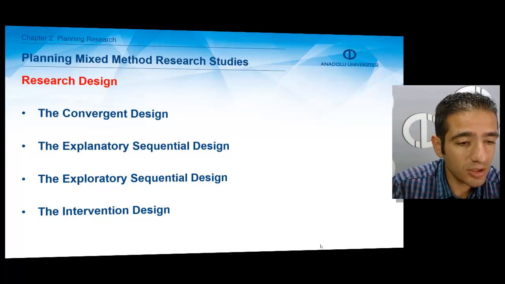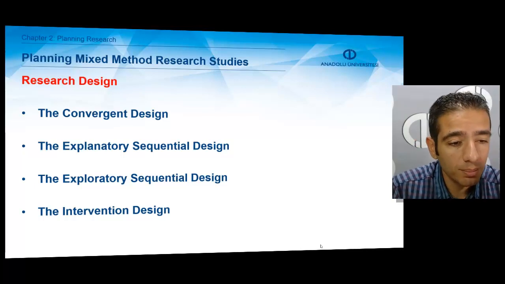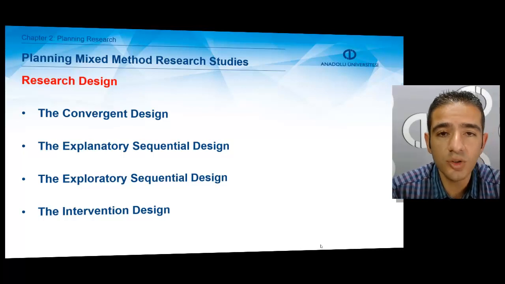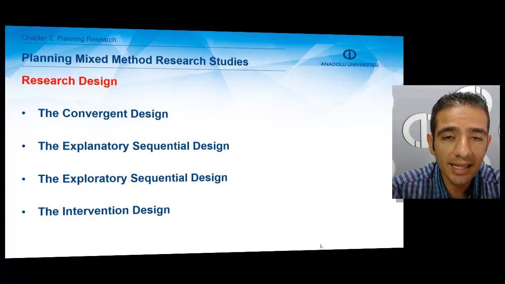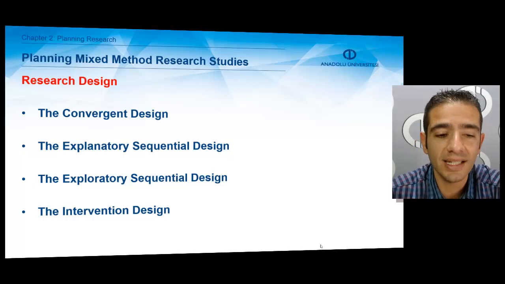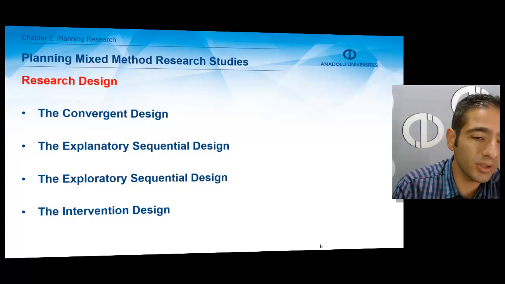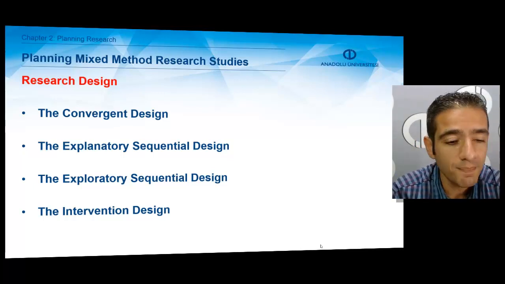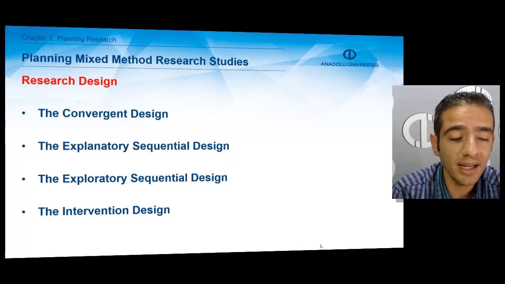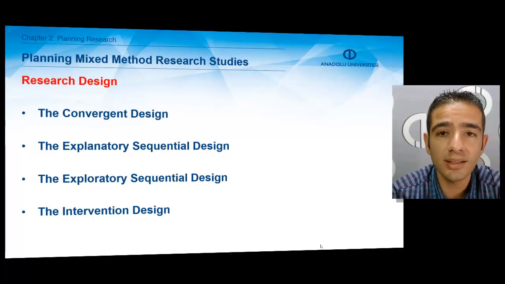But if you want to present your study based on the explanatory sequential design, you first collect the quantitative data, and then based on your quantitative data, you collect your qualitative data. But in the exploratory sequential design, this is vice versa. First you collect qualitative data, then you collect quantitative data.